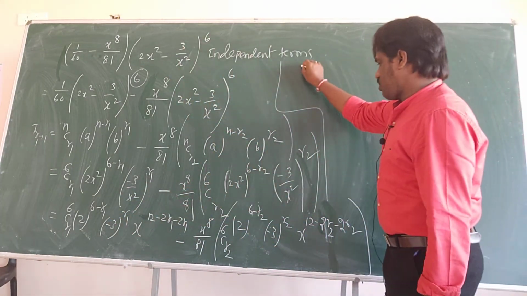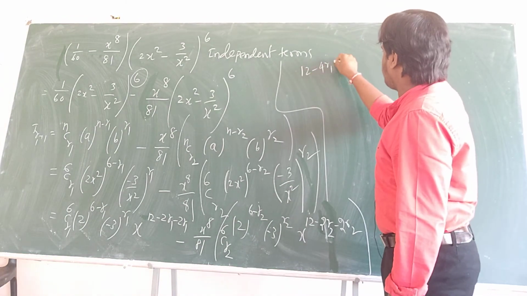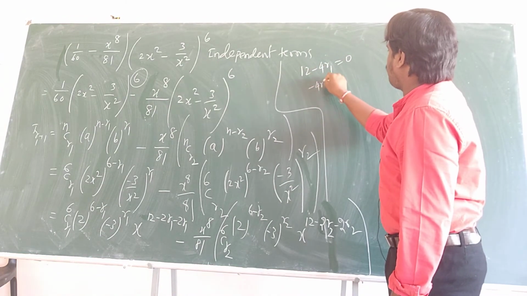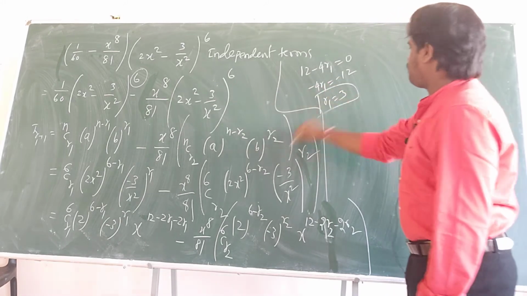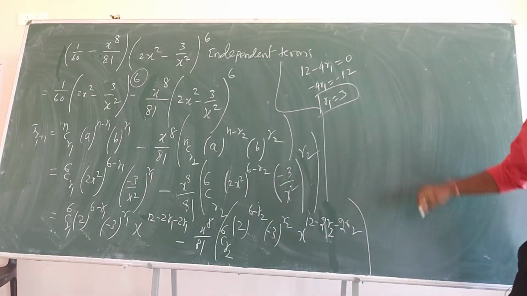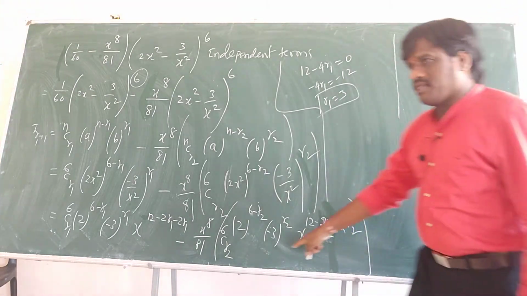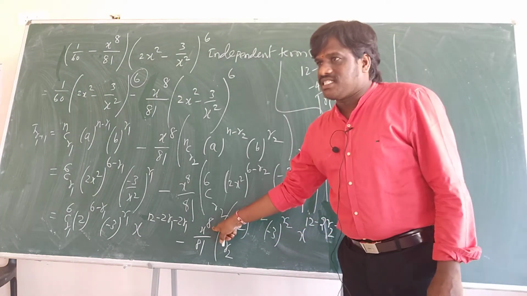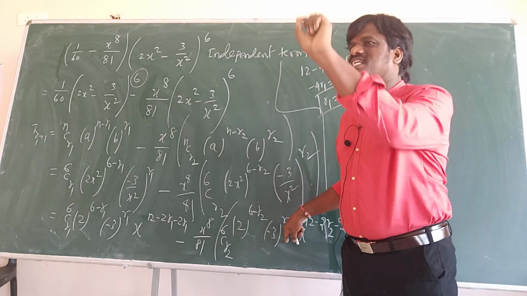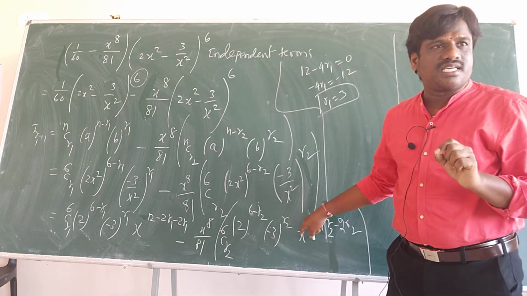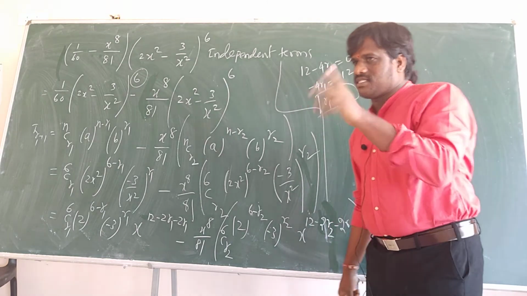So what I write here: 12 minus 4r1 is equal to 0, minus 4r1 is equal to minus 12, r1 is equal to 3. In the second case, power 8 is there, so I have to get 0, means the power I take minus 8. Inside should be taken minus 8, plus 8 minus 8 is 0.